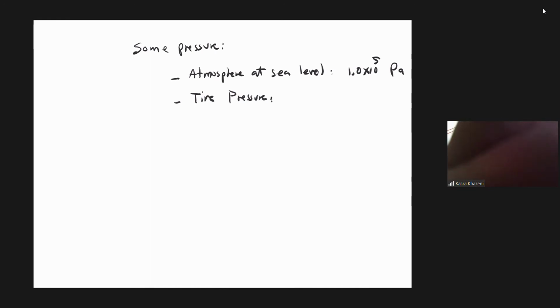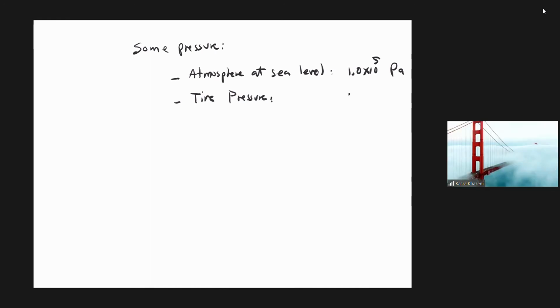Okay, atmosphere at sea level is 1 times 10 to the 5 Pascal. All right. A typical tire pressure inside is twice as much. Okay, that's a typical tire pressure inside a car.